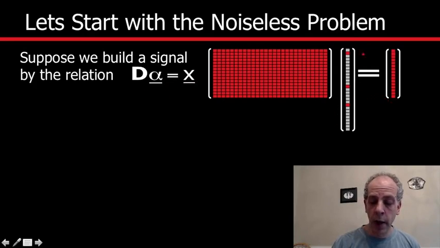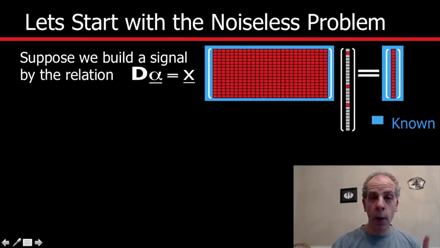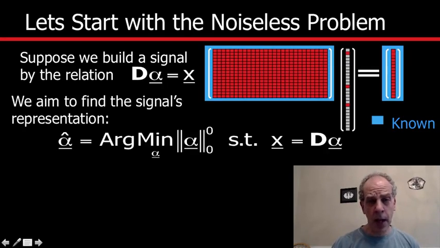And now our goal is to find back this alpha. So now we know the dictionary and we know the signal and we want to compute its sparse representation. That's our goal right now. As we will see later on, we're going to discuss how to compute the dictionary itself.